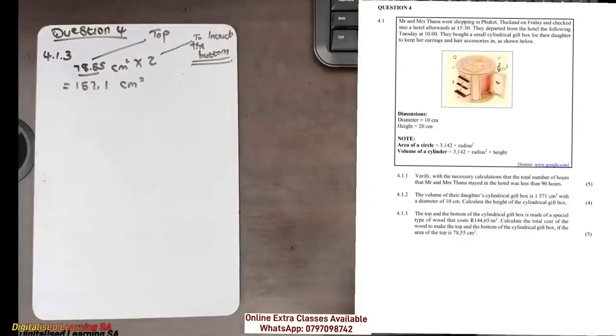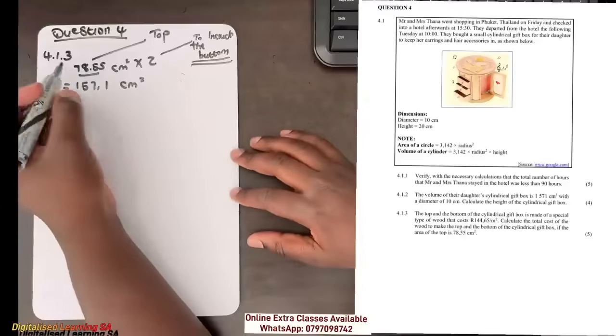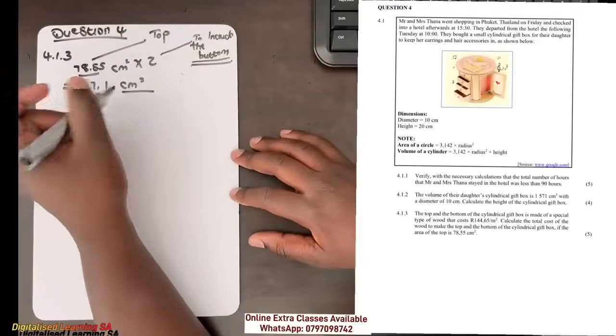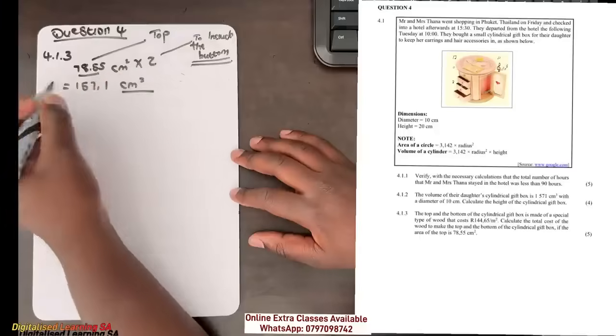So remember, we need to calculate the total cost of the wood. Our answer is in centimeter squared and our price is in meter squared, meaning that we need to convert from centimeter to meter.